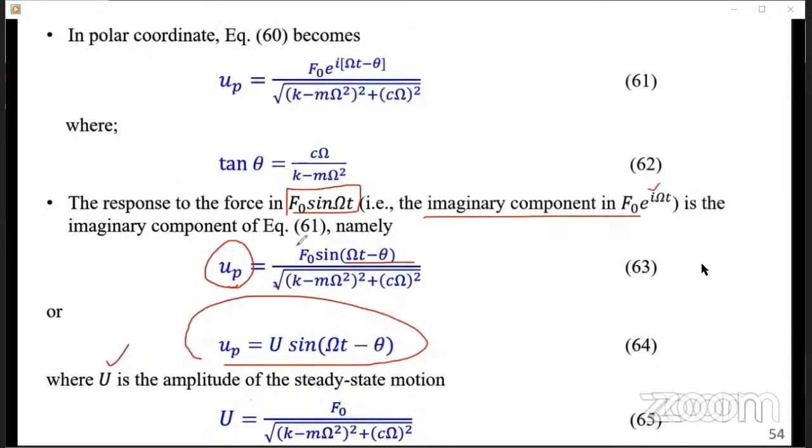So all these components are what we are calling U, the amplitude. You can see it's written here in equation 65 as the amplitude of the steady state motion, the amplitude of the forcing function's motion. Because of the forcing function, the forcing load, there is a motion that ensues. The motion of that forcing function, not the motion of our structure.